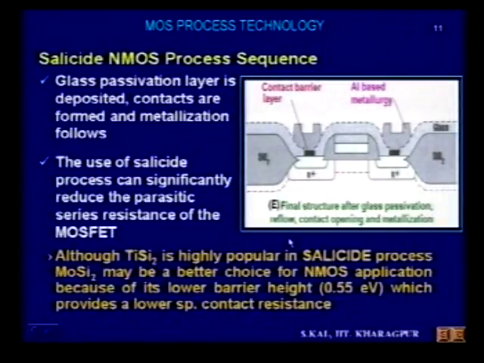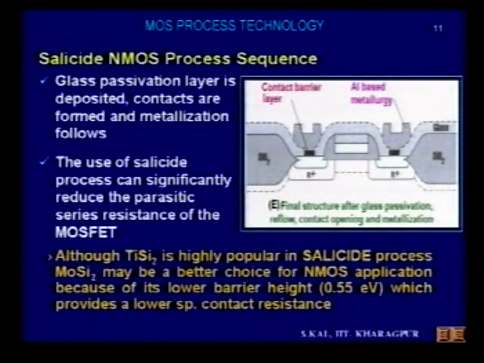Although titanium silicide is highly popular in the salicide process, the metal silicide MoSi2 may be a better choice for NMOS application because of its lower barrier height of the order of 0.55 electron volt, which provides a lower specific contact resistance.